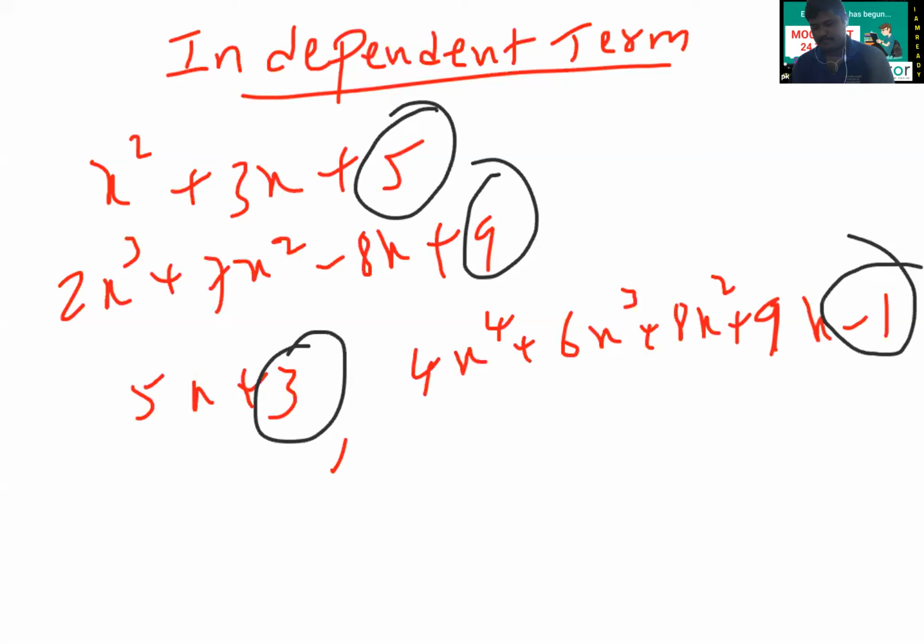Complete, everyone. There is no term of x present in the given expansion; that is called the independent term.